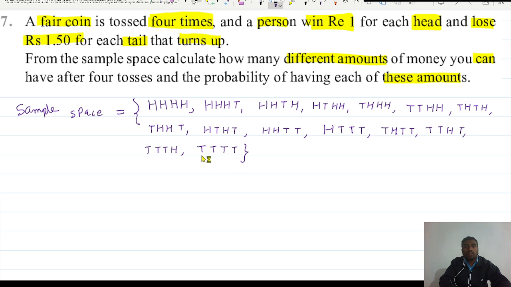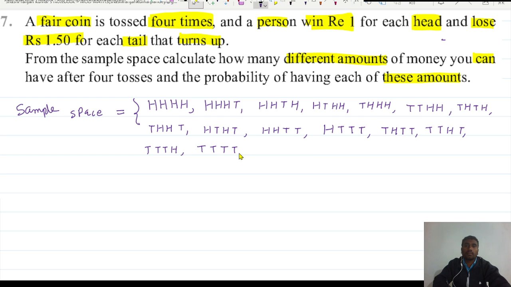Let us count. Have we written all the sample points or not? So this is 1, 2, 3, 4, 5, 6, 7, 8, 9, 10, 11, 12, 13, 14, 15. One is missing, huh? It should be 16 total. So what is missing here?